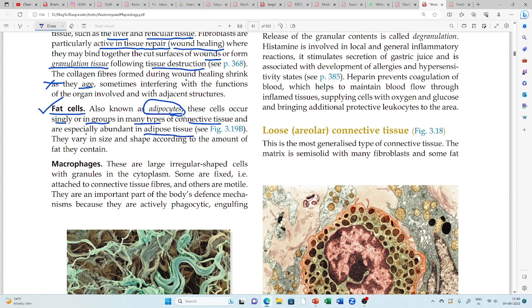They vary in size and shape according to the amount of fat they contain.